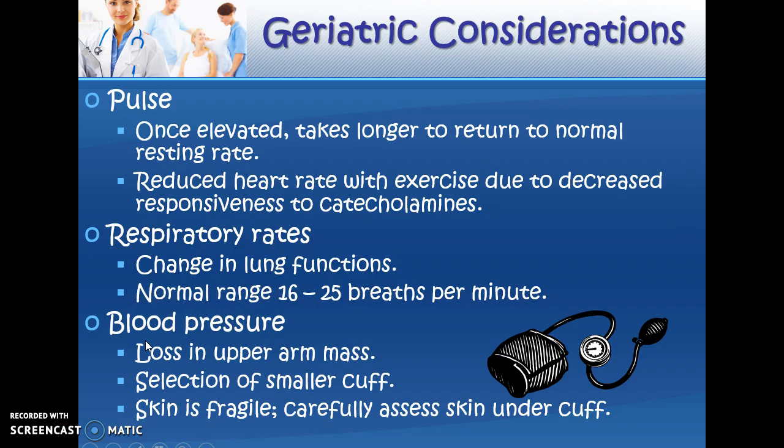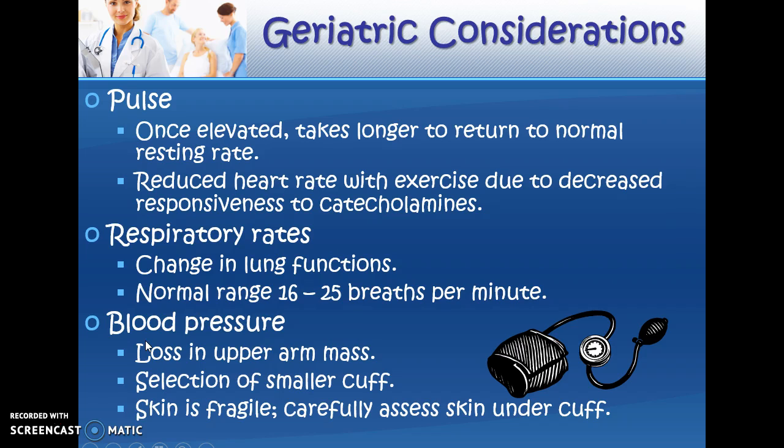As far as blood pressure, because of loss of mass in the upper arm, especially in frail elderly, it may require special attention to select a smaller blood pressure cuff. Also, with elderly, because the skin is very fragile, they may have lost upper arm mass.